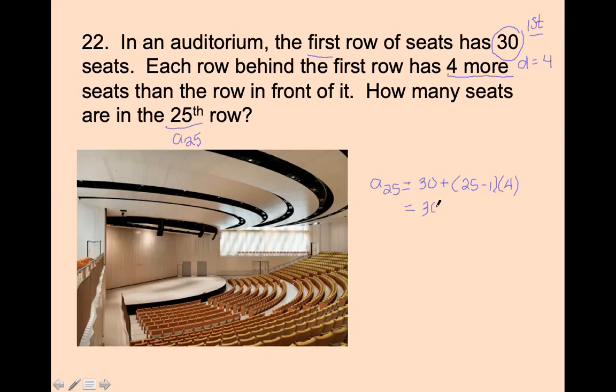So we have 30 plus 24 times 4. And so 24 times 4 is 96. So in the 25th row, we have 30 plus 96, which is 126 seats.